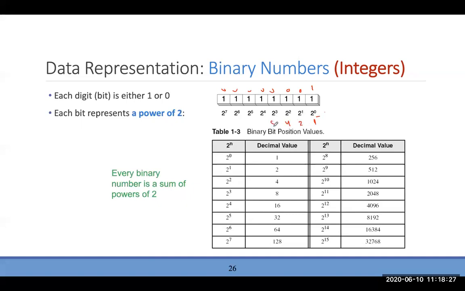To the power 3, 8. To the power 4, 16. To the power 5, 32. 64, 128. Okay, did I miss something? I think so. This is 2, 4, 8, 16, 32, 64, and 128. No, I did not.